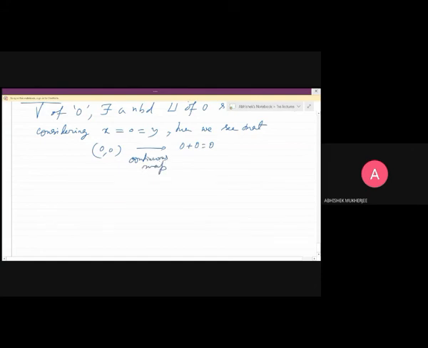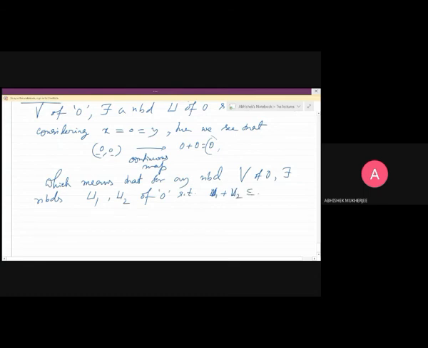Which means that for any neighborhood V of 0 around this 0, there exist neighborhoods U1 and U2 of 0, for both these zeros, such that U1 plus U2 is a subset of V.